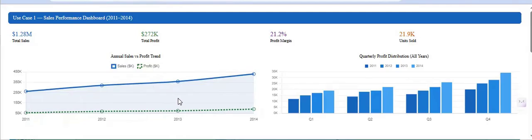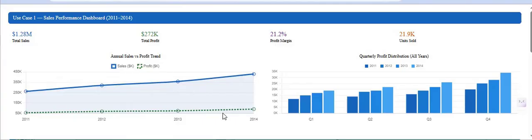So what does it tell you? It tells the business is growing every year, both revenue and profit. So that's a healthy business sign. But notice something very carefully here. The sales line is going up very fast. But the profit line is growing very slowly, and it stays very close to the bottom.